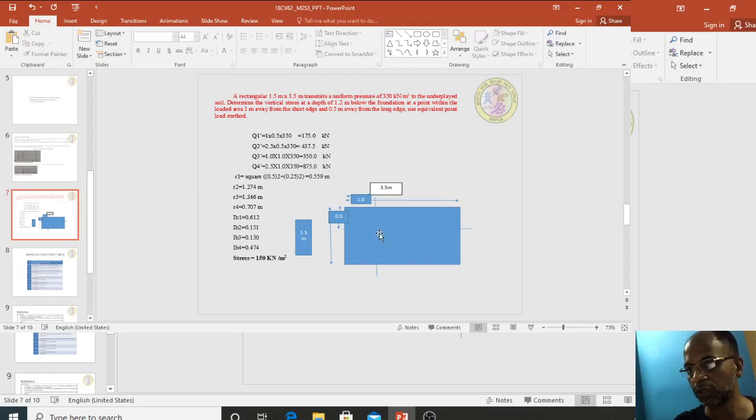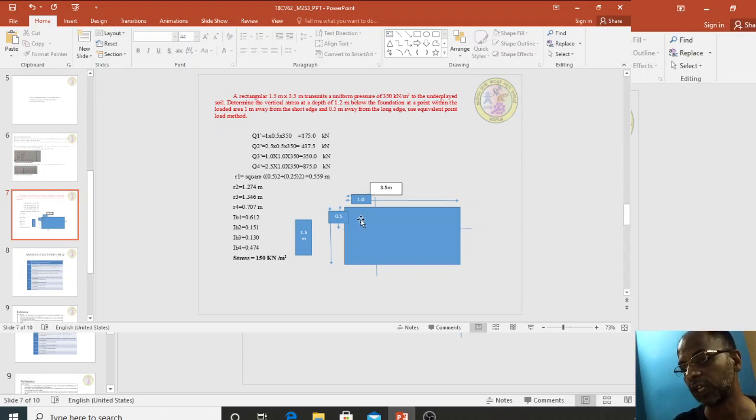Q3 is equal to 1 into 1 into 350. Q4 is equal to 2.5 into 1 into 350. It will be Q1 is 175 kilonewton, Q2 is 437 kilonewton, Q3 is 350 kilonewton, Q4 is 870 kilonewton.